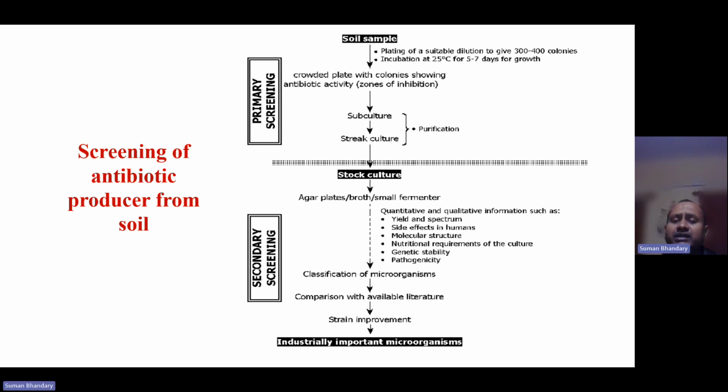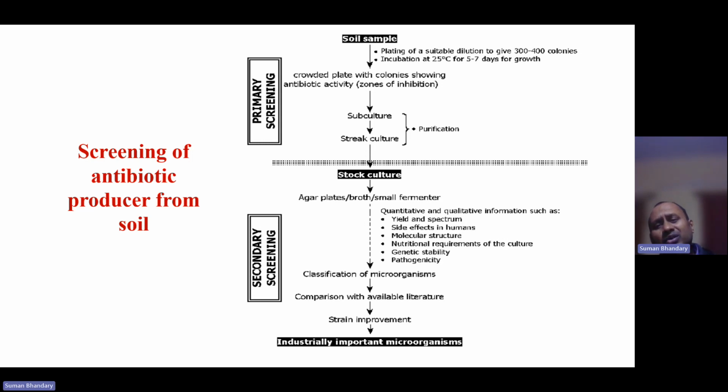The secondary screening is to prove that it is producing a non-toxic product, it is non-pathogenic, it is producing antibiotic with a good yield, biomass, as well as to check genetic stability, to check physical, chemical, and biological properties of the product, and to check the level of byproduct of the fermentation process.